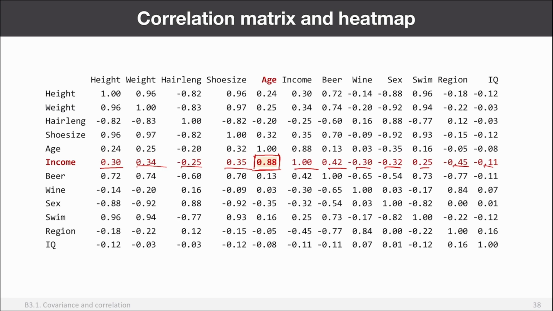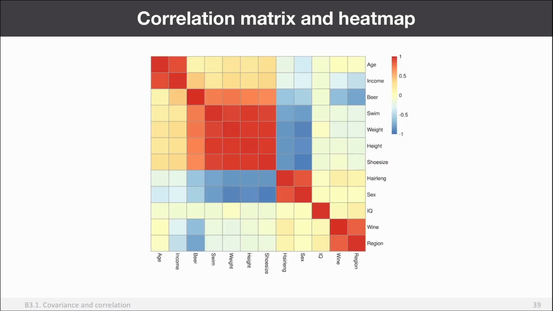You simply replace every value here with a colored square, and the color of the square depends on the correlation coefficient. For example, here you can see this is the color scale I use. If it's yellow or yellowish, it's 0, and the more reddish it becomes, the higher the positive correlation you have. The more bluish it becomes, the more negative the correlation is.